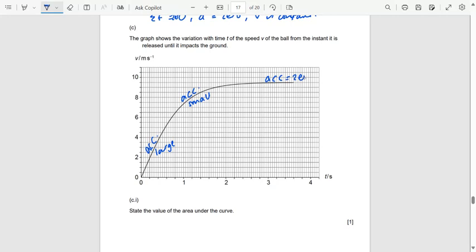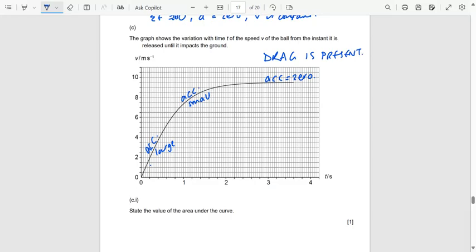So the horizontal line becomes a gradient of 0, the acceleration becomes 0. So we have this build-up of drag, which is balancing out against the weight. Now this graph means there is drag. Drag is present.